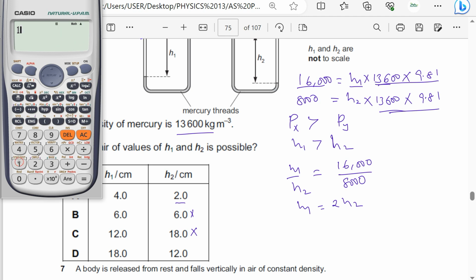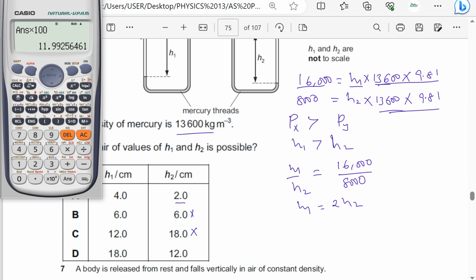So I have 16,000 divided by open brackets 13,600 times 9.81, then times 100.